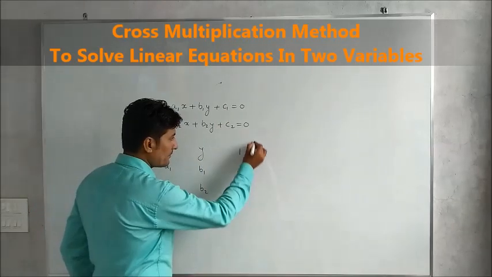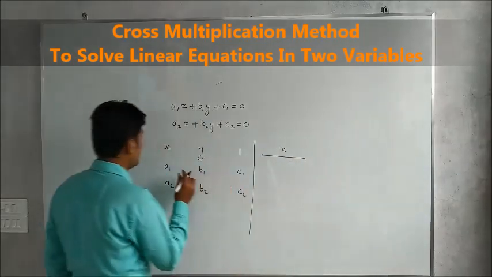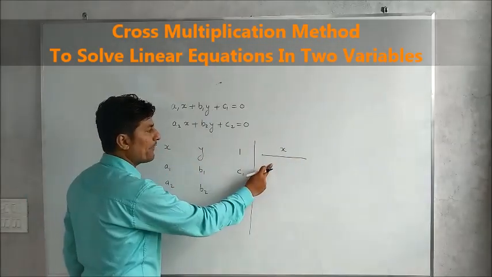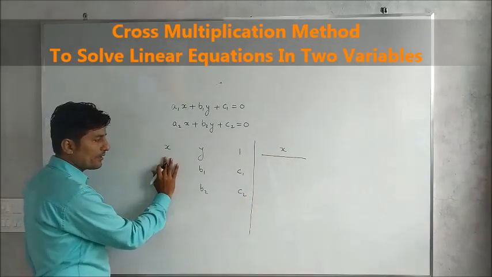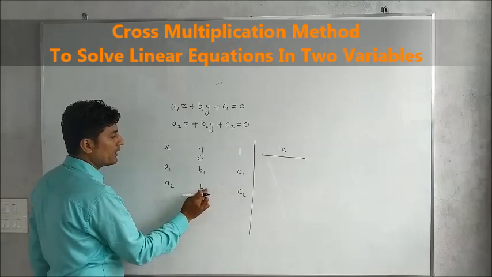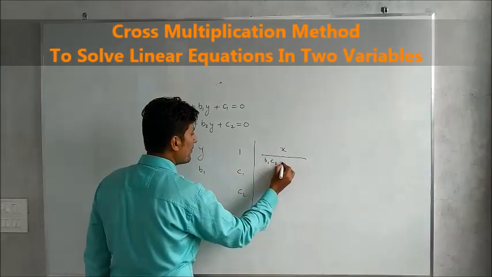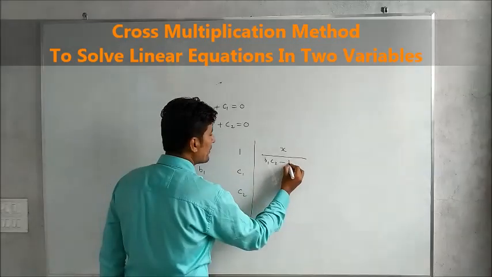Now, here we write x upon, whenever we are writing the denominator of x, then we have to leave this term and then cross multiply these two: b1, c2, then b2, c1. So here we will write b1 c2 minus b2 c1.